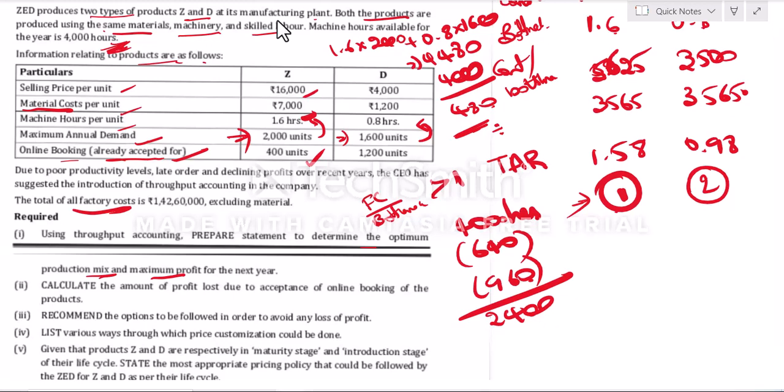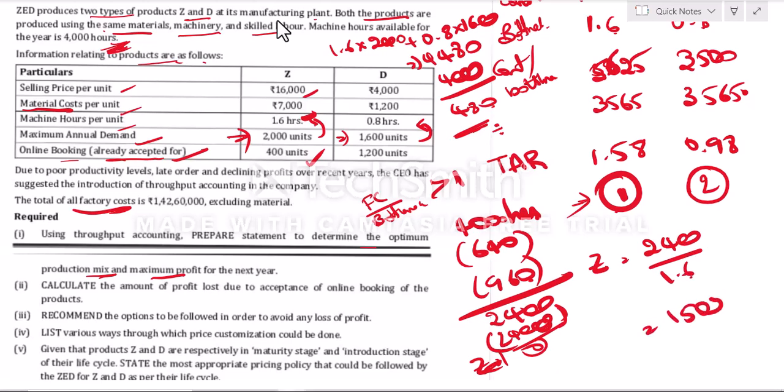So completely we need to give importance to Z. How many can we produce? 2400 divided by 1.6, 1500 of Z. So this 2400 we should use for Z. Each unit takes 1.6, so it can produce only 1500 units.